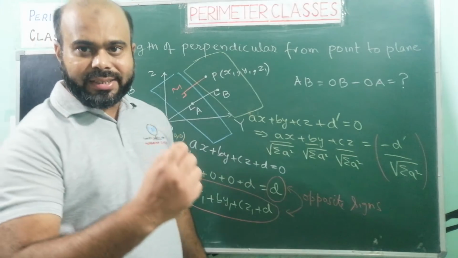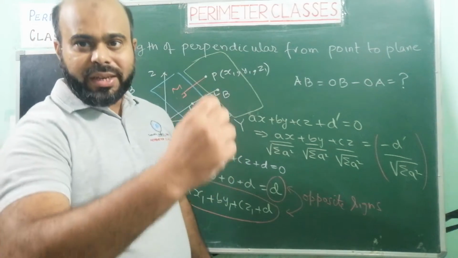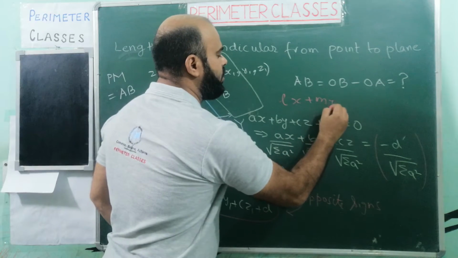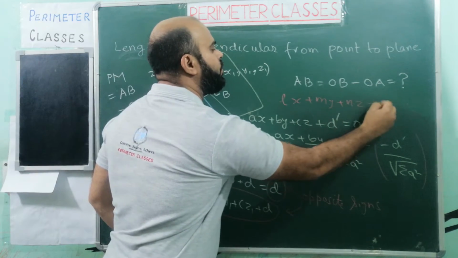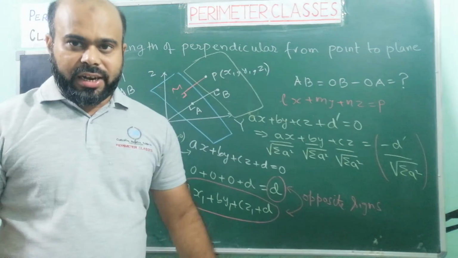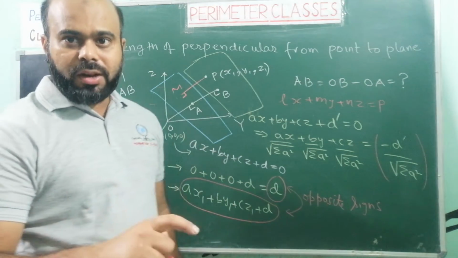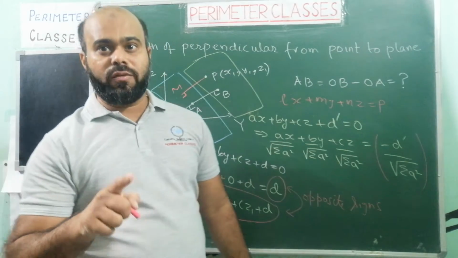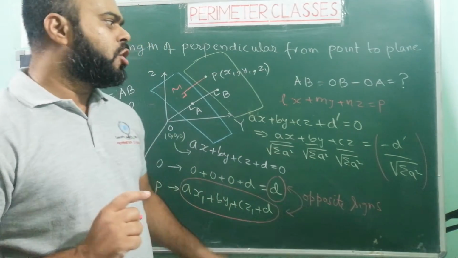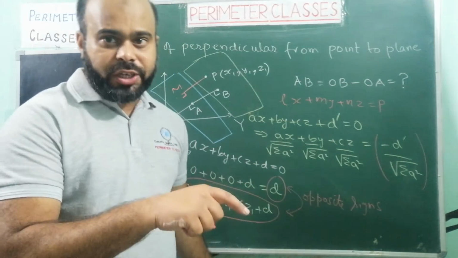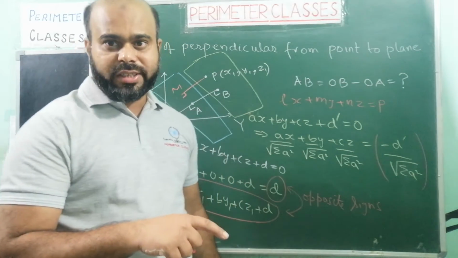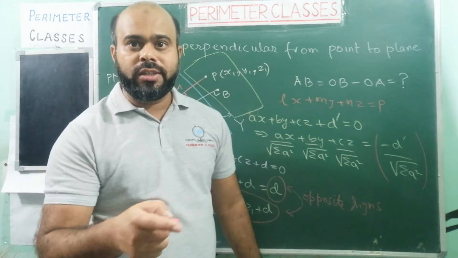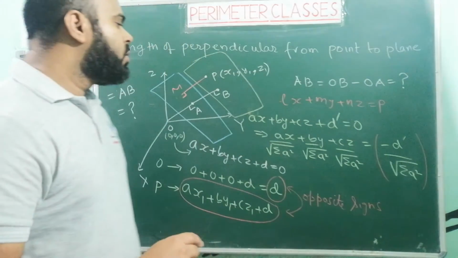That is the normal distance from the origin to the plane. If you remember, lx plus my plus nz is equal to p. Here l, m, n are the direction cosines of the normal to the plane, and p is the perpendicular distance of the plane from the origin. If this value is positive, then this is the perpendicular distance, and if it is negative, we will take its absolute value, that is, make it positive.